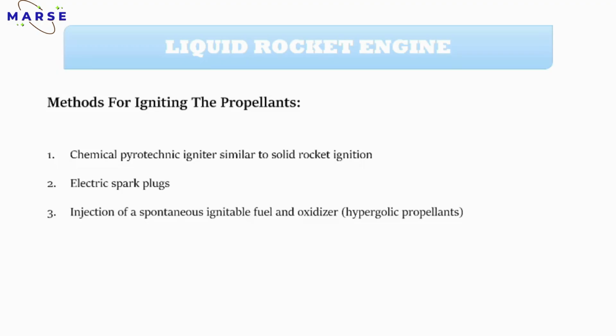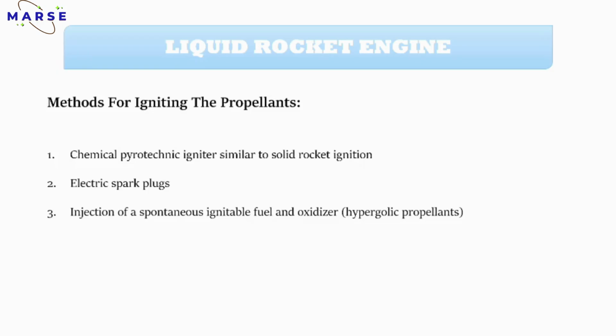First one is a chemical pyrotechnic igniter, similar to the solid rocket engine. We have discussed the pyrotechnic igniter in the case of solids, so we can use the same igniter in liquids also. That is one method. Second one is an electric spark plug. We can directly use the electric spark. That is the second method.